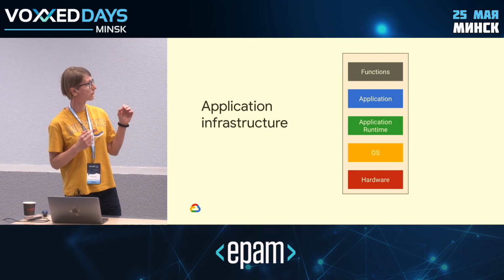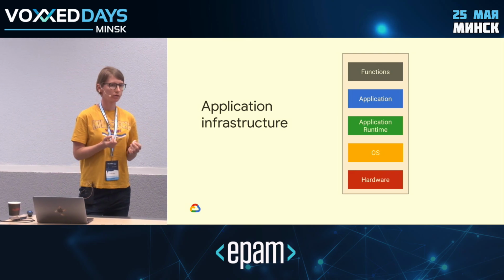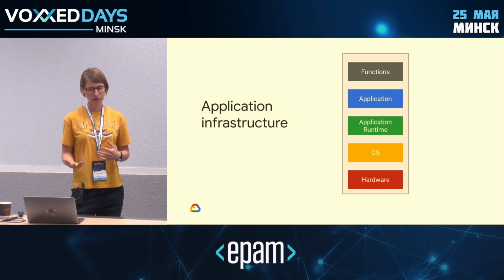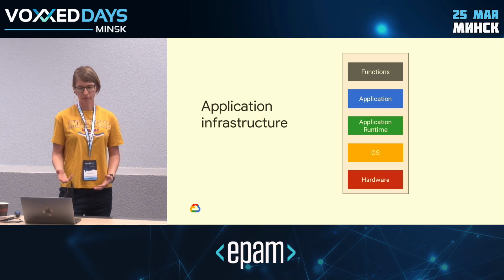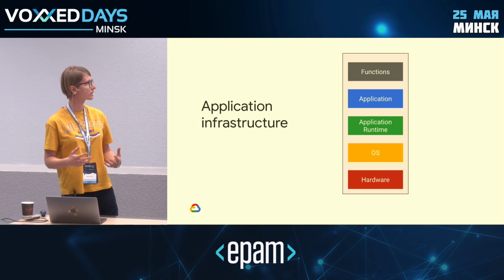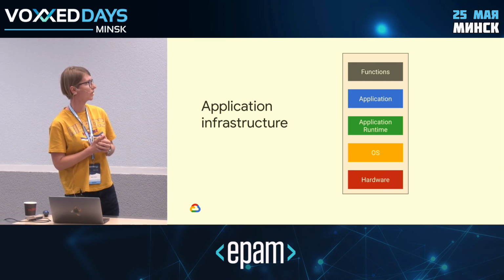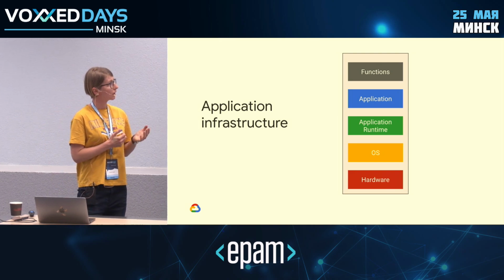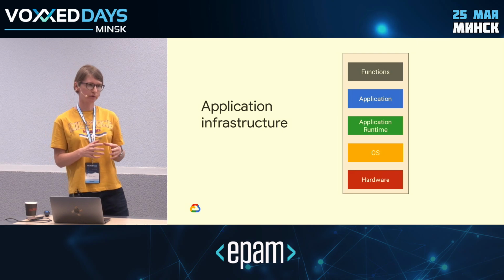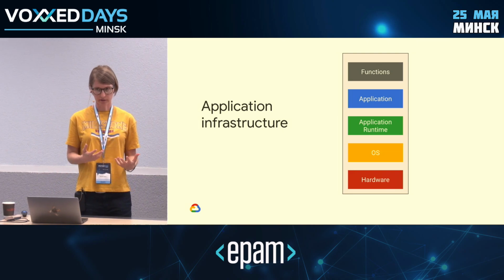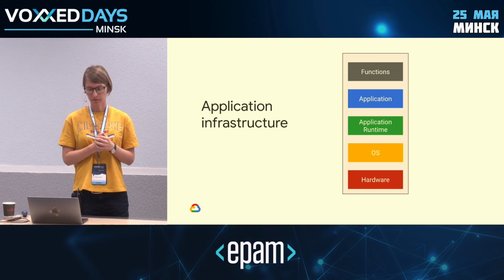On top of that, you have the application runtime. It can be a container service that is running containers, or a web service, or a database. These are services that support your application. And finally, you have applications: all the code that implements business logic, that's something you write as a developer.